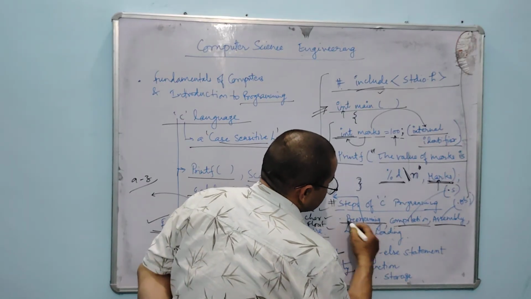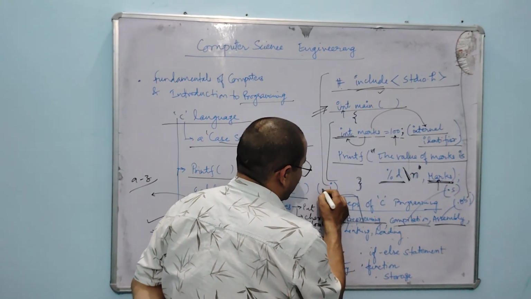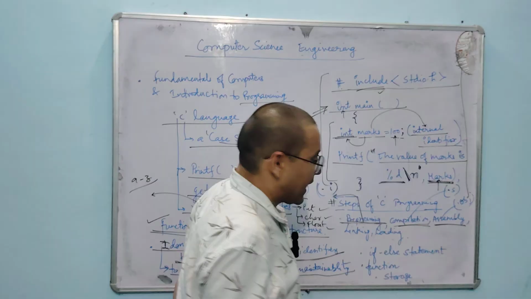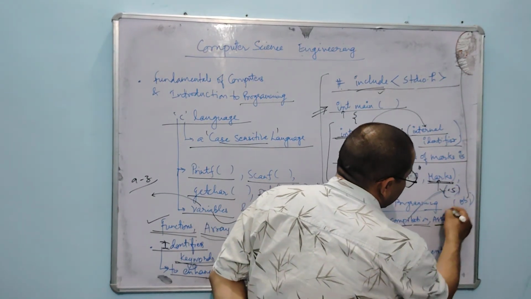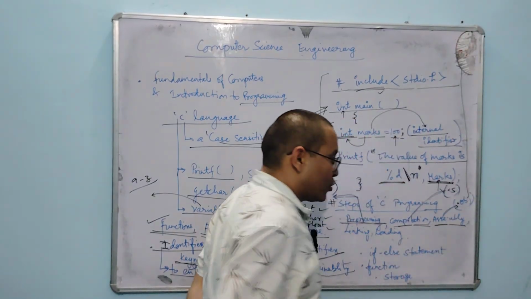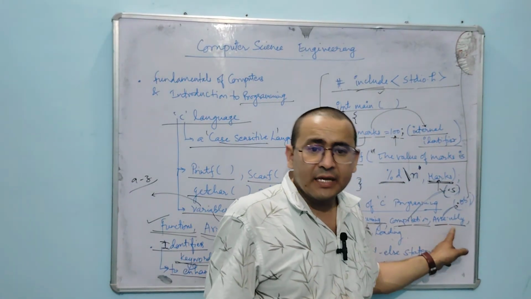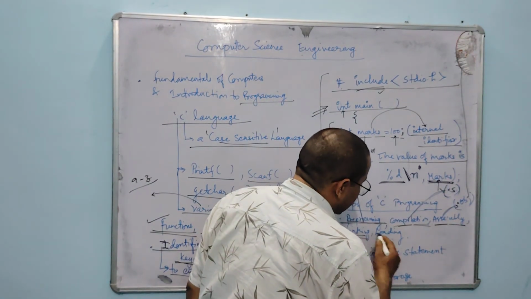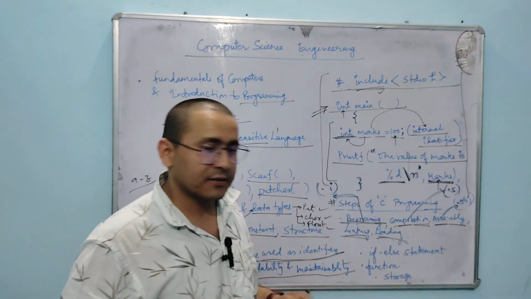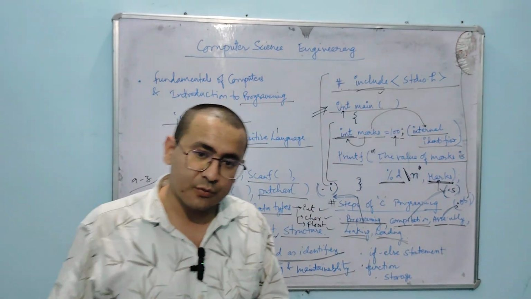The pre-processing output has the extension .i, the compilation output has .s, and assembly gives .obj. Then linking is there, and the next step is loading, and then execution.